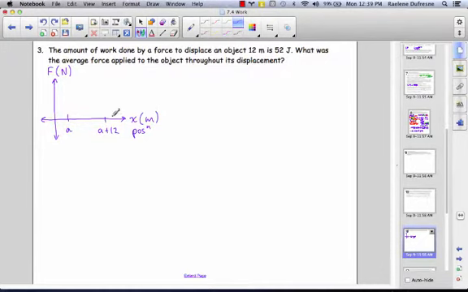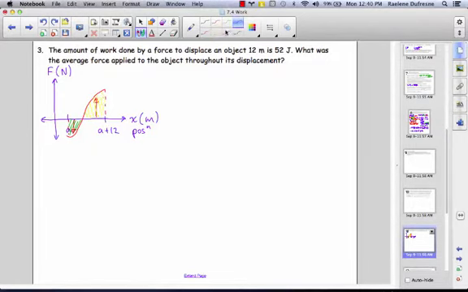But we know that work is going to be the definite integral. So if the force is something like this, then we could create a definite integral which gives us 52 joules. We would have some amount of force below the x-axis and some above the x-axis.